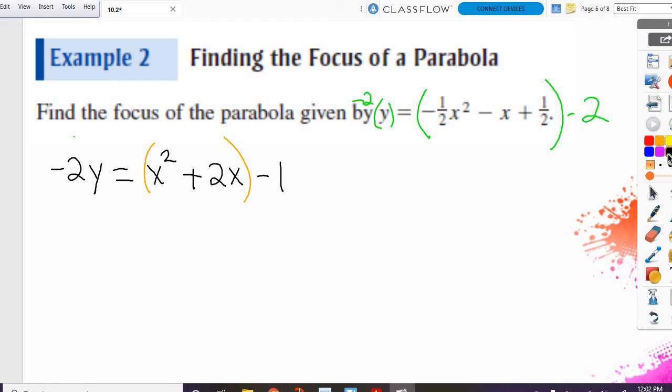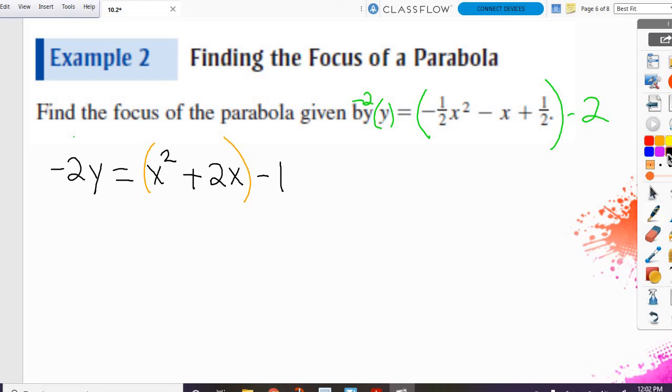To make a perfect square. We want it to be like parentheses squared. And right now, x squared plus 2x minus 1 is not factorable, and it doesn't factor to a perfect square, which is why we have to complete the square.